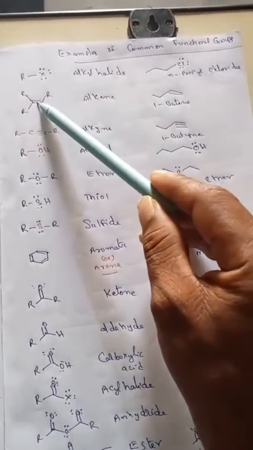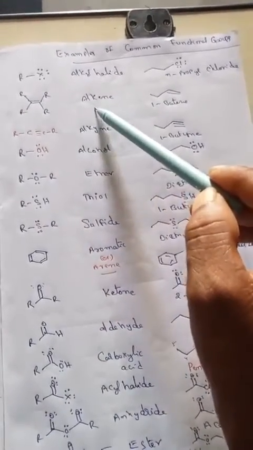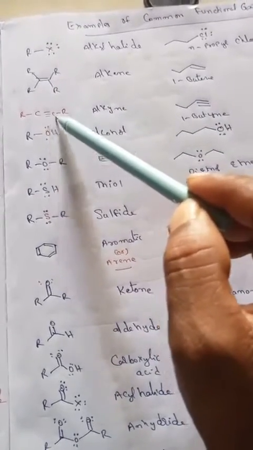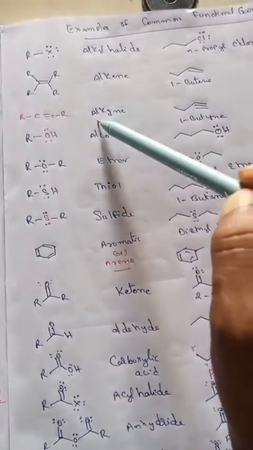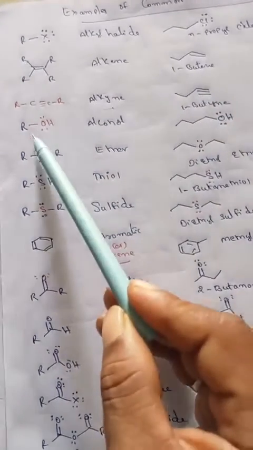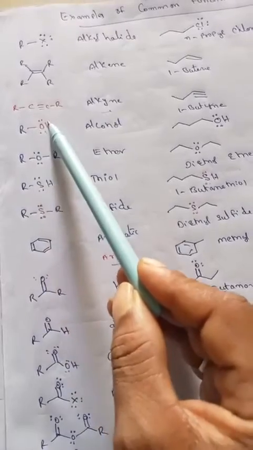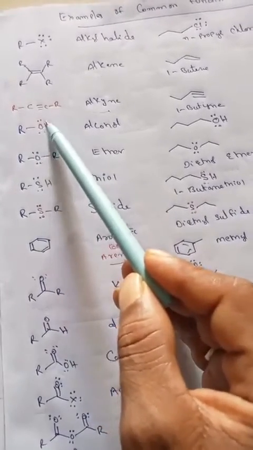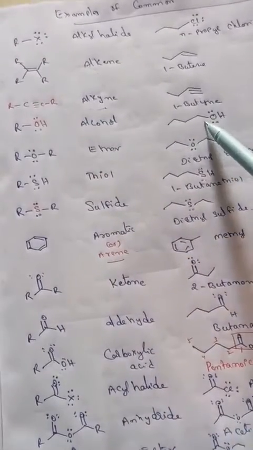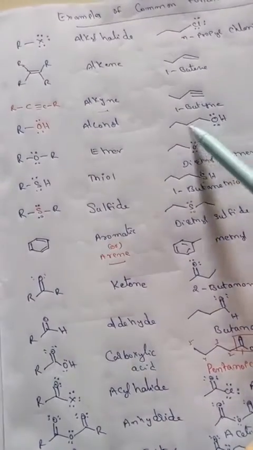Another one, where a double bond is there, is an alkene. Example: 1-butene. Where a carbon-carbon triple bond is there, it is considered an alkyne. Example: 1-butyne. And when one hydrogen of the alkyl is replaced with OH, with lone pairs of electrons, it is called an alcohol. Example: 1-butanol.